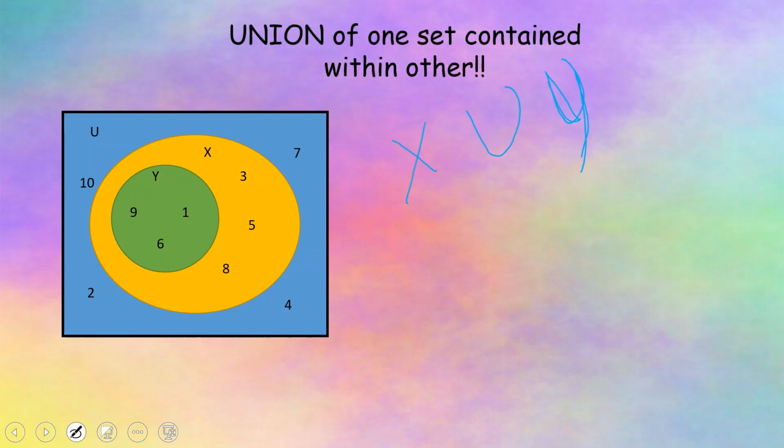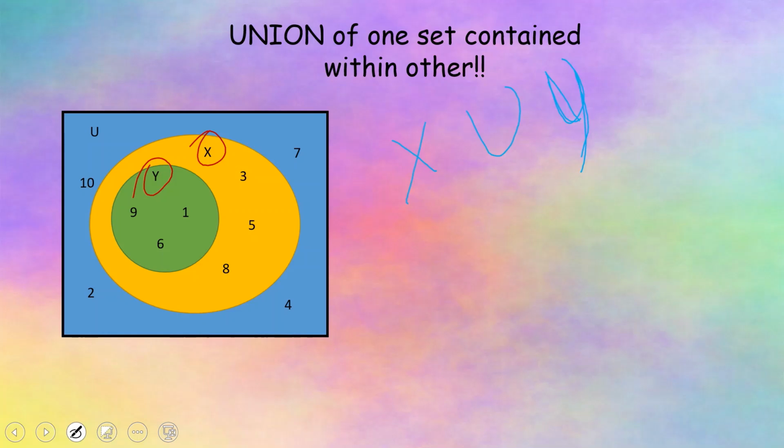Analyze it. When you analyze, you observe that Y is a subset of X because it contains elements which are present in X. We know X has elements 1, 3, 5, 6, 8 and 9.